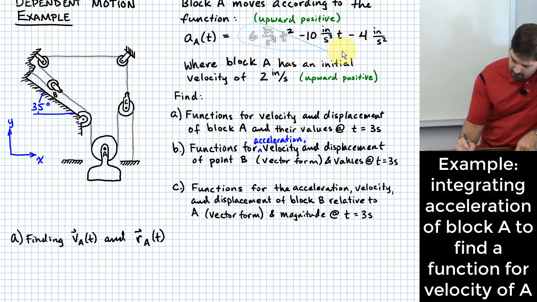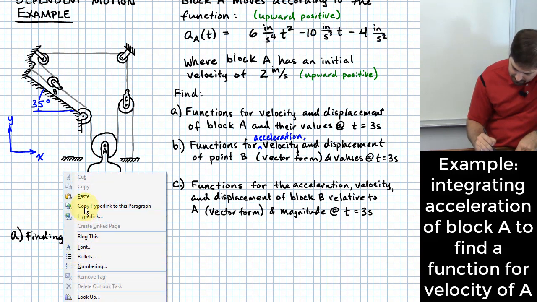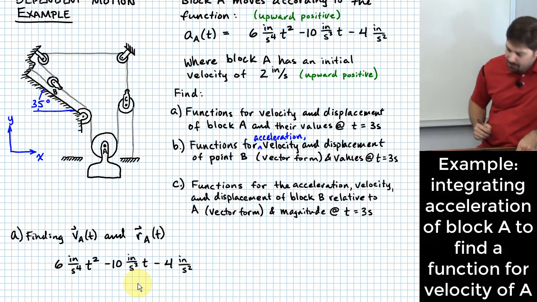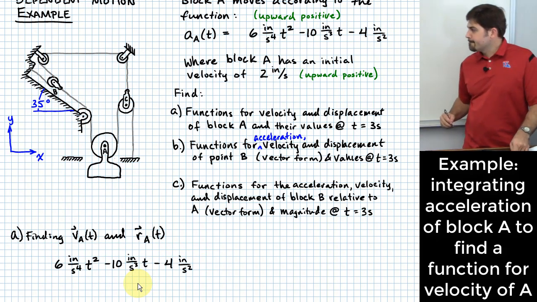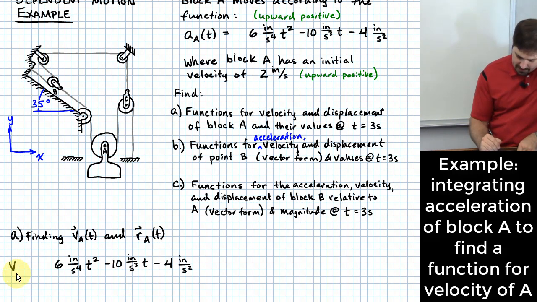This is my acceleration as a function of time. I can bring it down here. What do I do to it? Velocity of A as a function of time is going to be equal to an integral.